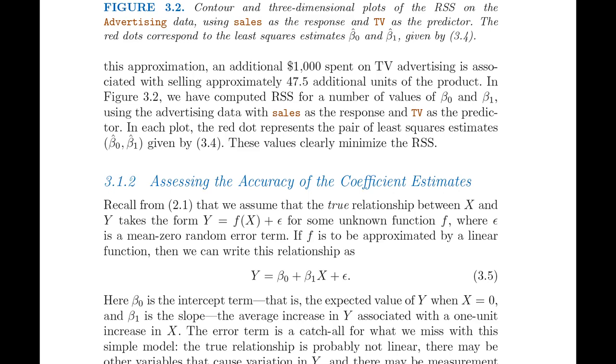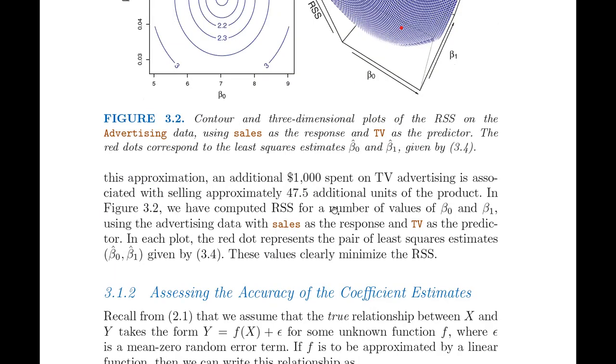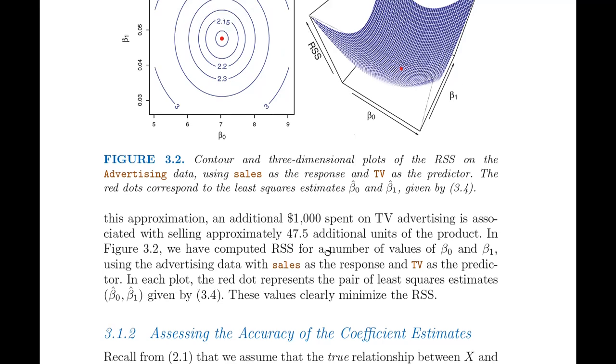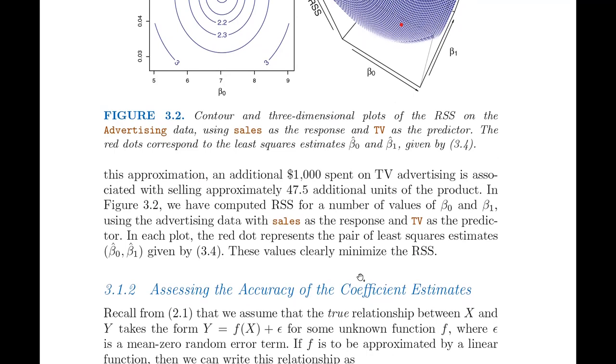In figure 3.2, we have computed RSS for a number of values. Think of it as trial and error. You start plugging in beta naught and beta 1 using the advertising data with sales as the response and TV as the predictor. In each plot, the red dot represents the pair of least squares estimates beta naught, beta 1 given by 3.4.